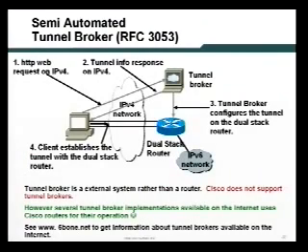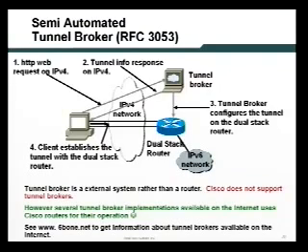This is the tunnel broker concept. These are some of the services which are available right now on the internet. Let's say I'm connected from my ISP, which is on IPv4, and I have a Windows XP machine at home, and I want to get connected to the IPv6 internet. I can go to the website of whoever is providing these tunnel broker services and fill out all this information, and that tunnel broker server pushes all that information to a dual stack router.